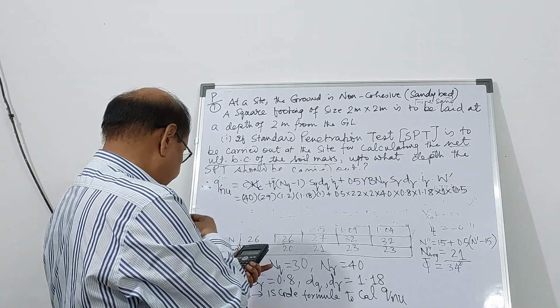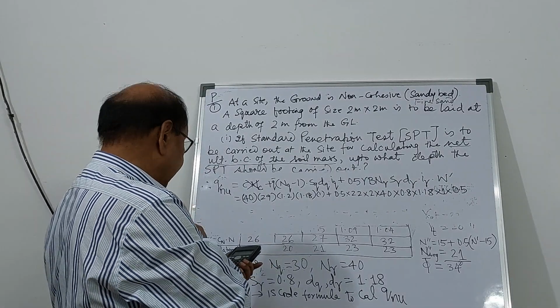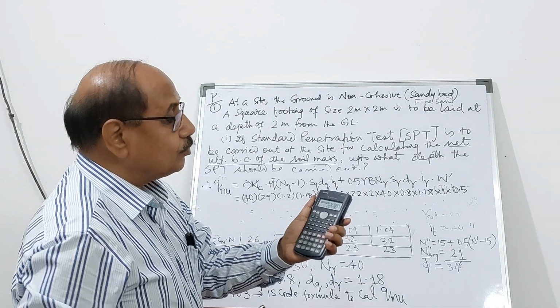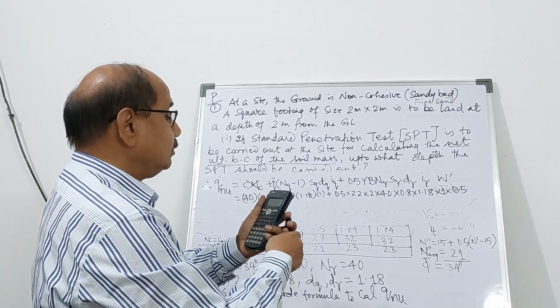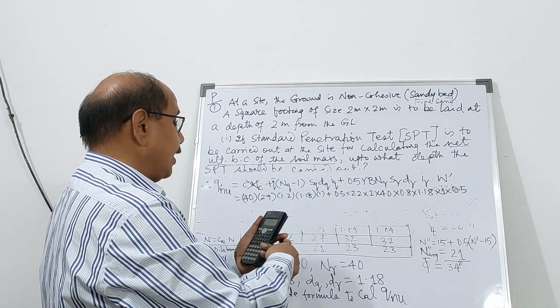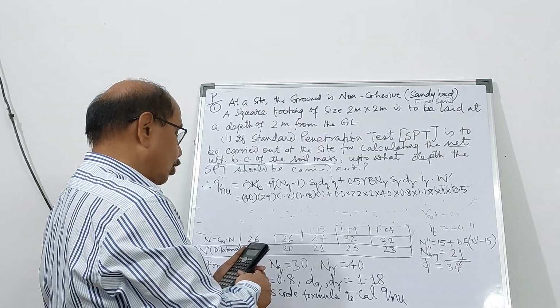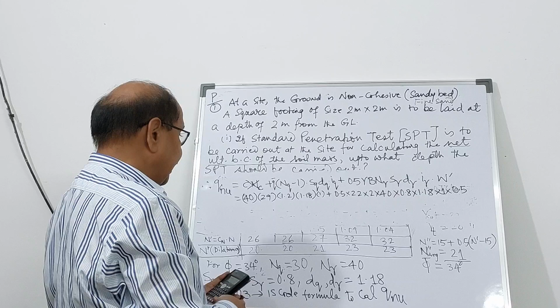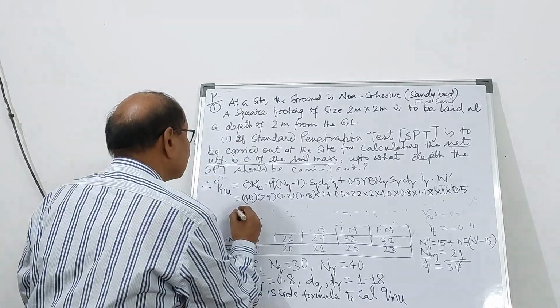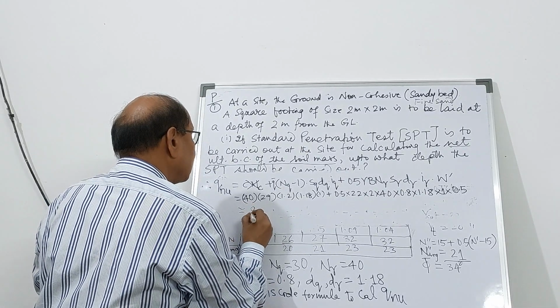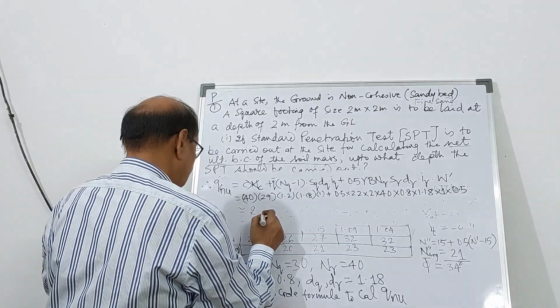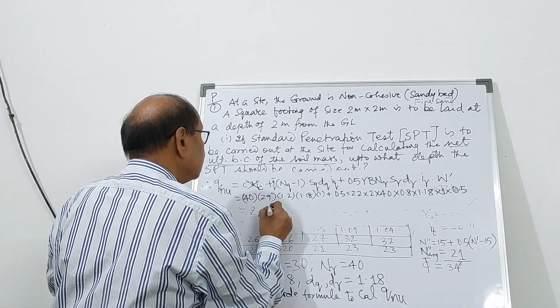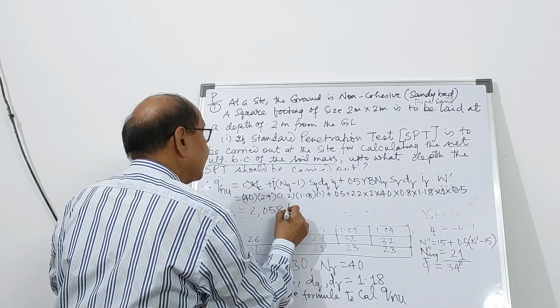So the net ultimate bearing capacity I have calculated is coming out to be 2057.9, so approximately you can say it is 2058 kilopascal.